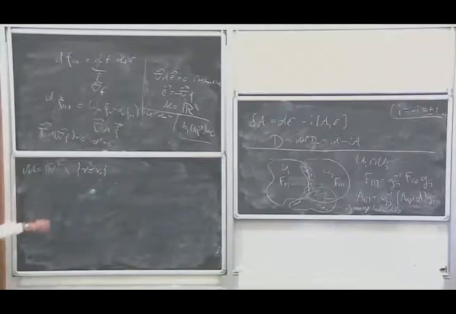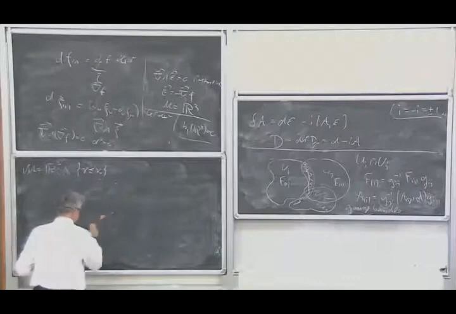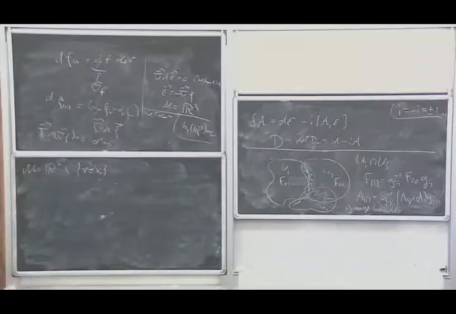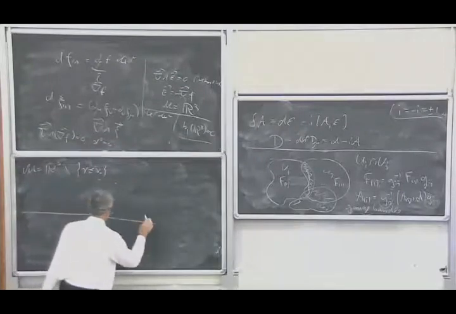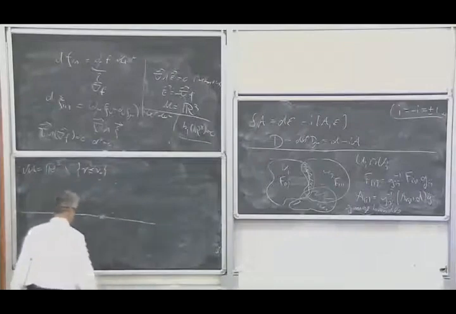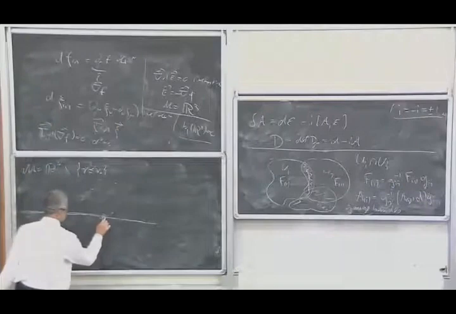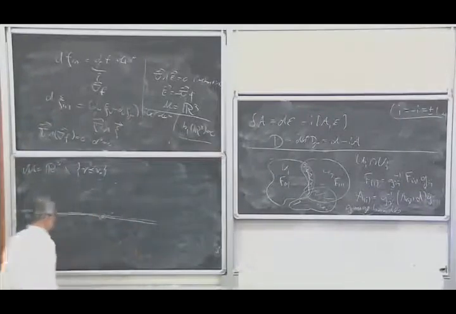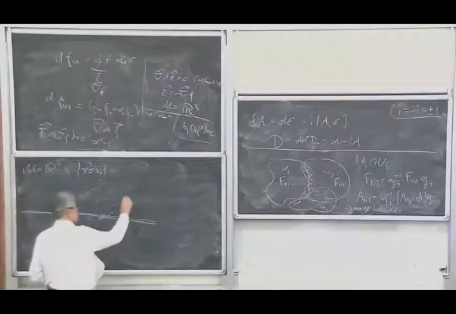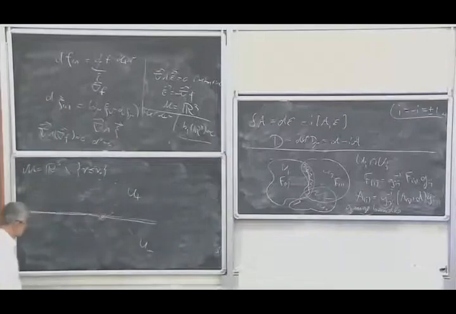Then I have some non-trivial spacetime, and I will cover it by two coordinate patches. One is everything above, and the other is everything below. So this one I call U plus, and this I call U minus.